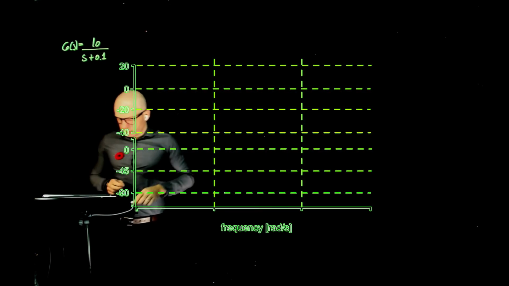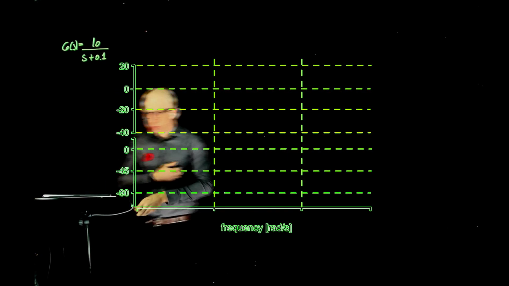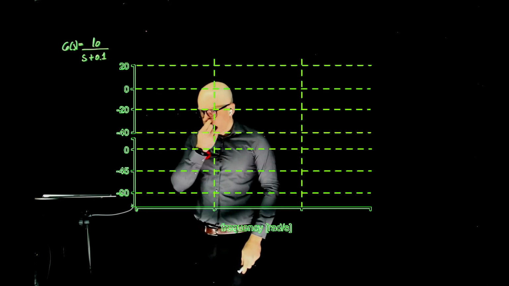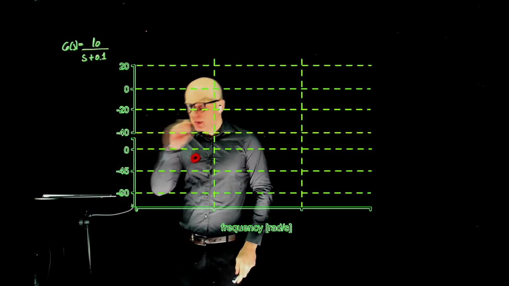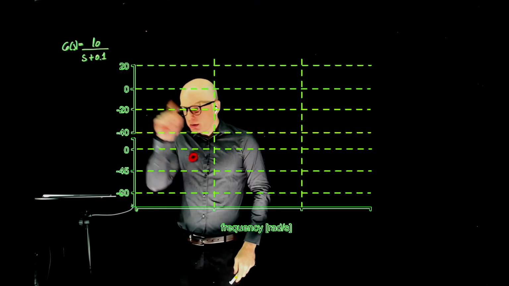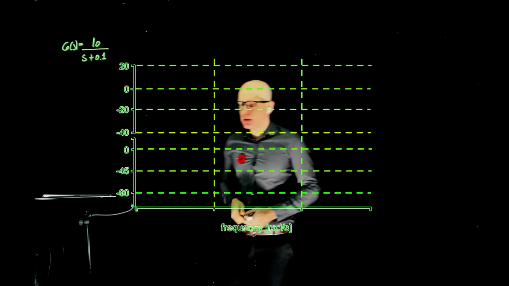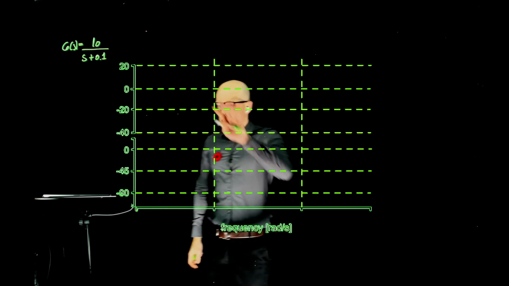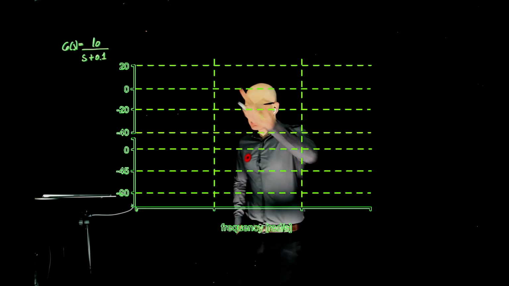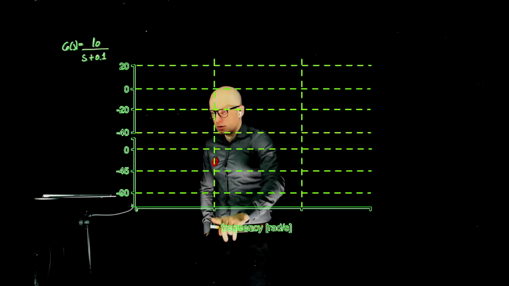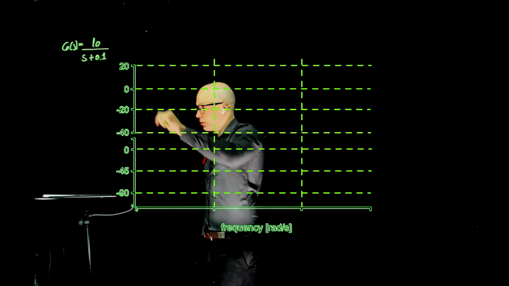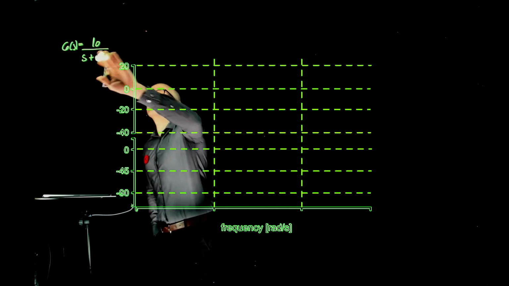And let's try to do this. I might have to change these numbers. No, it's not going to fit in here. Yeah, that's fine. Okay, so let's assume that this is our Bode plot.